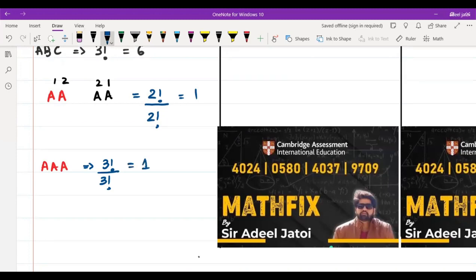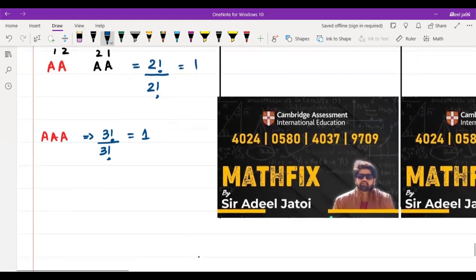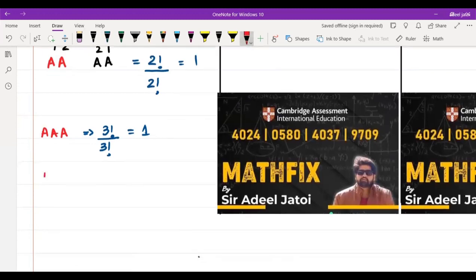That means in any form, if you write A, that will still remain A, irrespective of the fact that even if you put down the third letter at the first place and the first letter at the third place, still it will be A. Similarly, if I say AAB, or we write down as ABA, or we write down BAA.